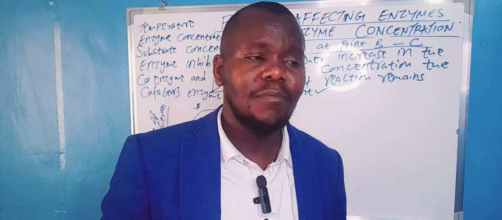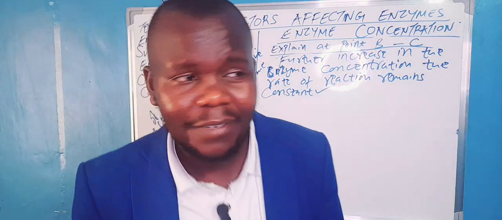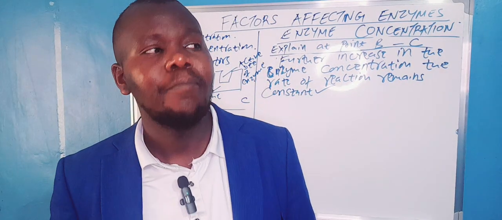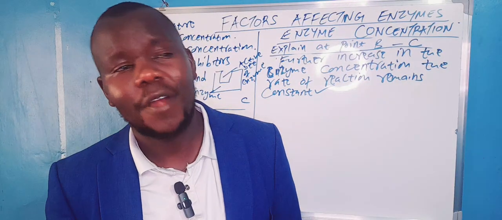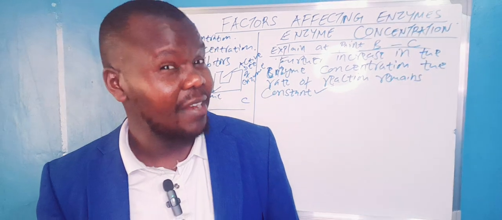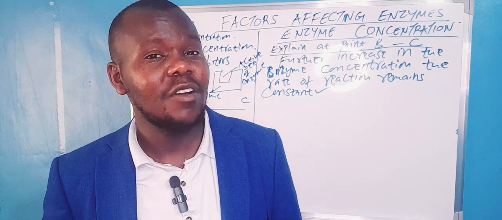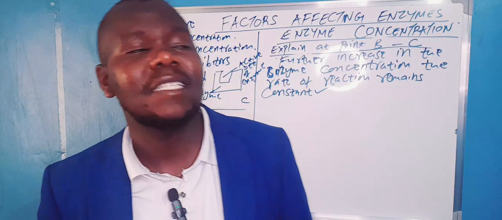We can use an example here. You took your breakfast in the morning, that's bread. By around 10, the starch of the bread will all have been acted upon at that moment. So that is why the rate of reaction is remaining constant. The only way that you can make this enzyme continue working is by adding substrate concentration.